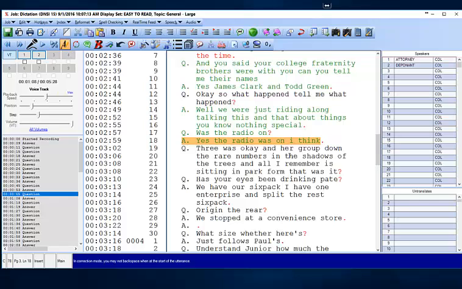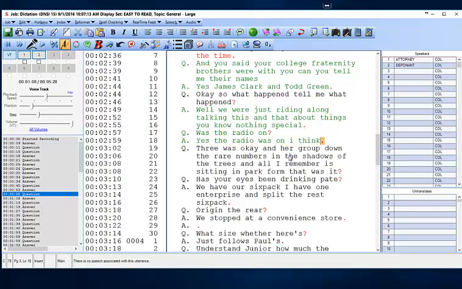I can delete, but I don't want to start typing at the end of an utterance. I'm going to hit page down. Hugo, the radio was on.